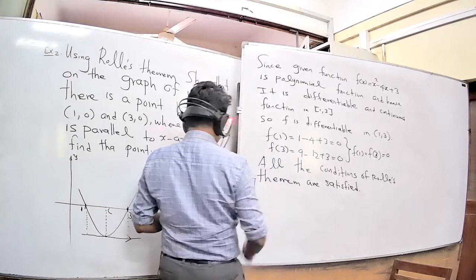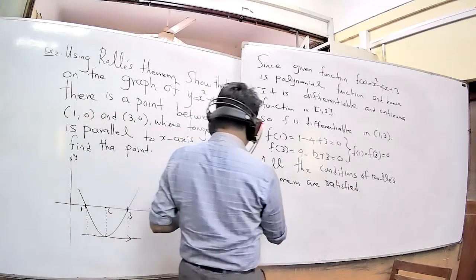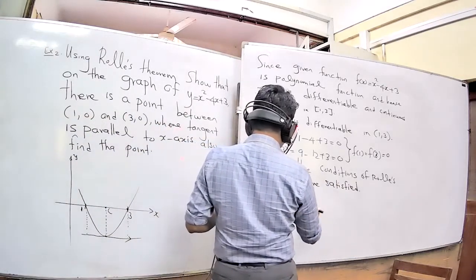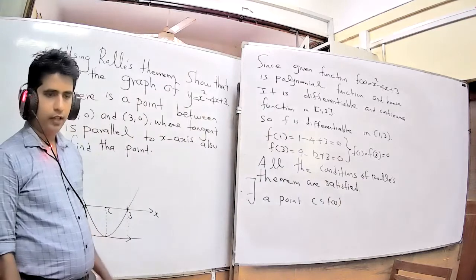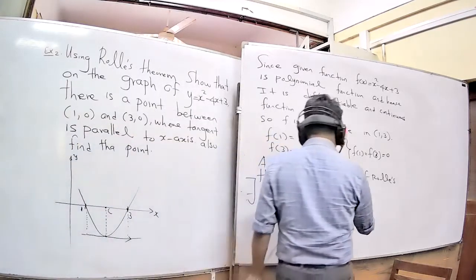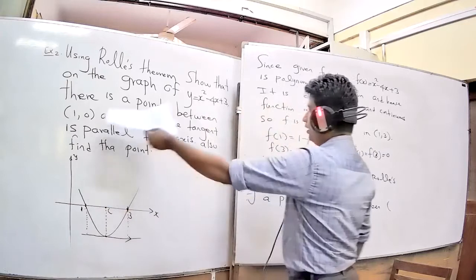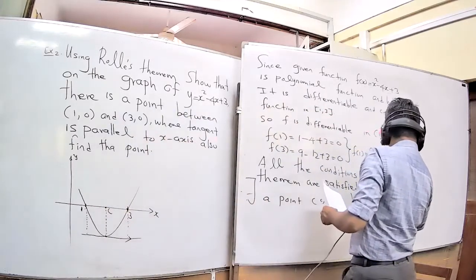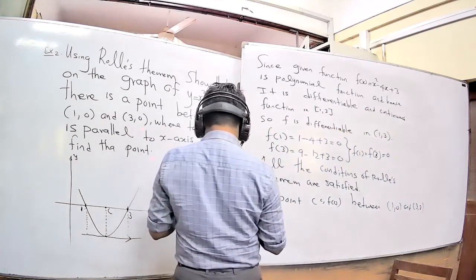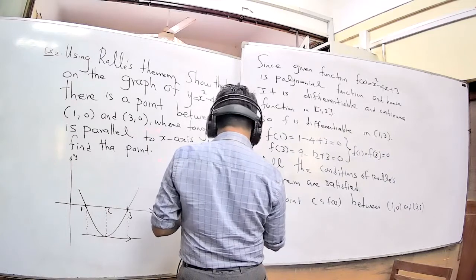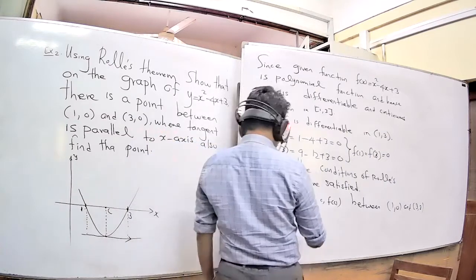Then there exists a point C, with value f of C, between 1, 0 and 3, 0, at which the tangent is parallel to the x-axis.